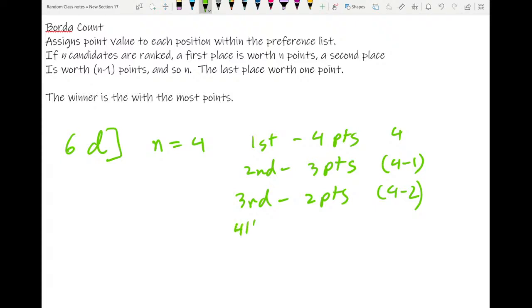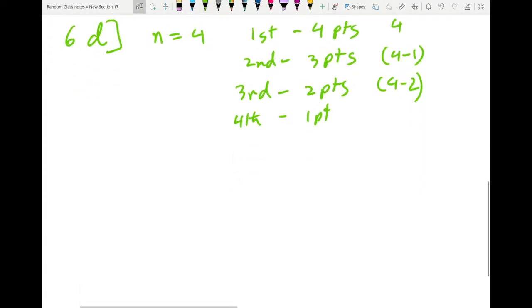And the last place will get 1 point. So now in this case, let's look at A, B, C, and D. Let's wait a bit until you guys catch up to question 6D.